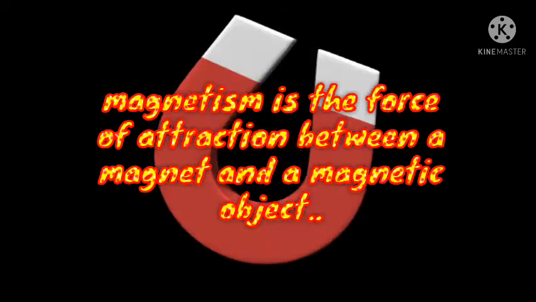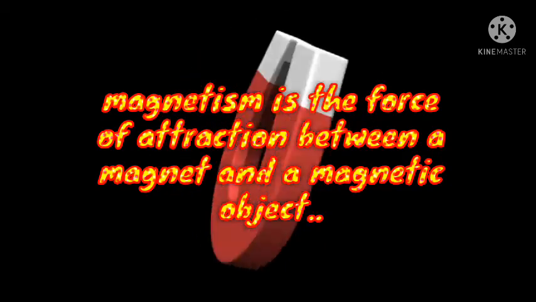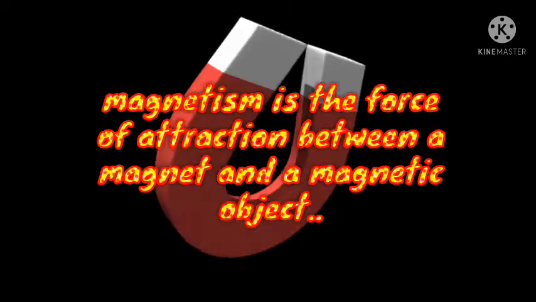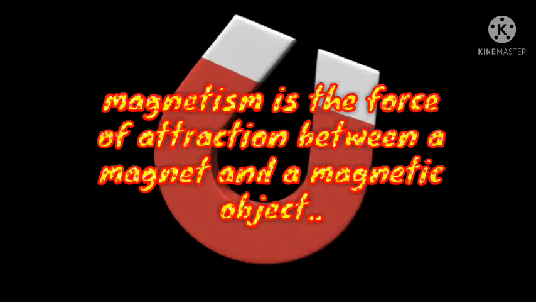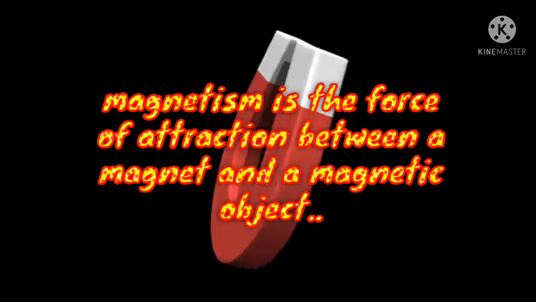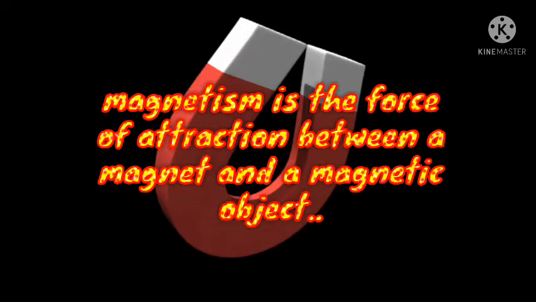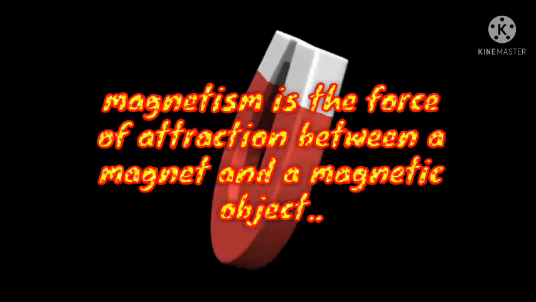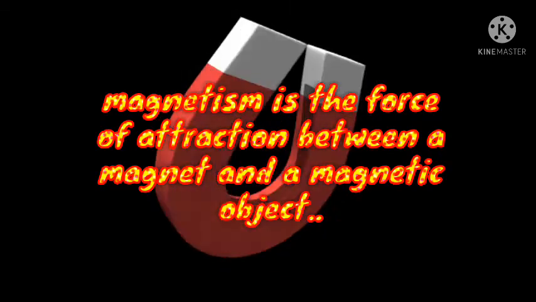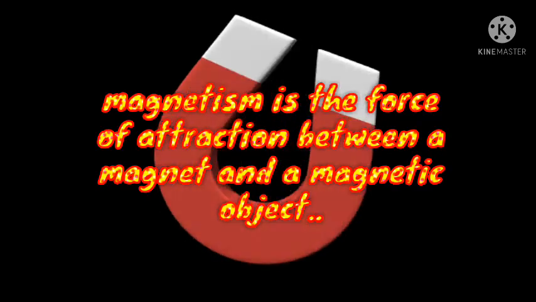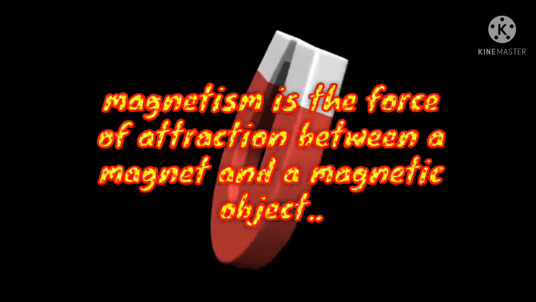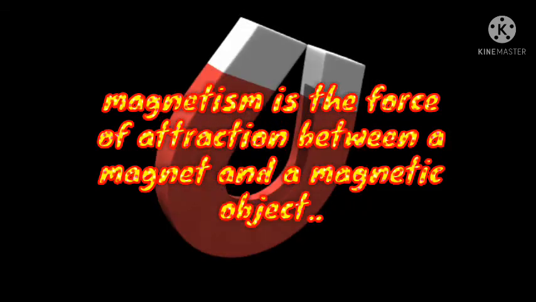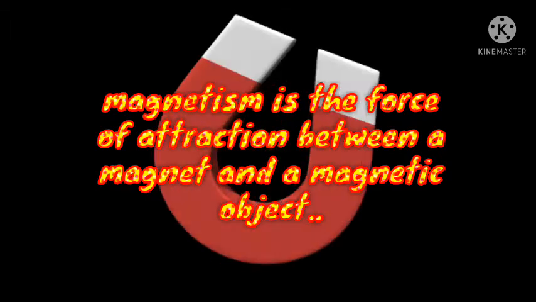It cannot be seen by your naked eye, but it pushes objects or pulls objects close to itself. The magnetic field surrounds a magnet that produces charges, charges like electrons within the atoms of the magnet.